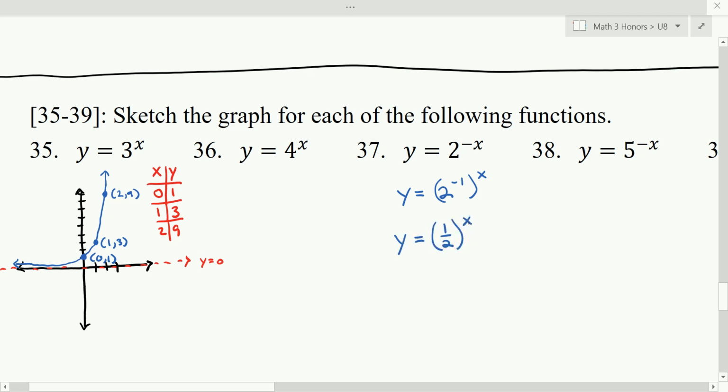And I would tend to go this direction. And this is going to end up being a reflection of y equals 2 to the x across the y-axis. So it will be decreasing. So if you can imagine what we did on 35, if I rotated that around the y-axis, it would be decreasing instead of increasing.